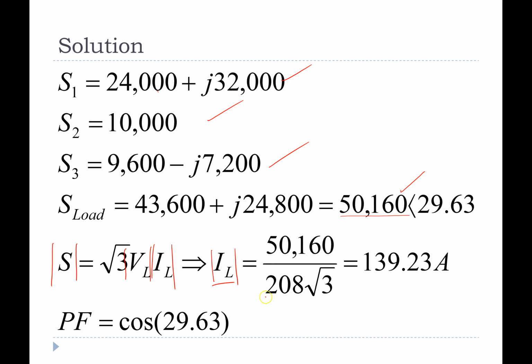We know V was 208 and we have our √3. So we simply substitute and we get 139.23 amps. Power factor again is simply the cosine of the power factor angle, which is the power factor of the combined load.